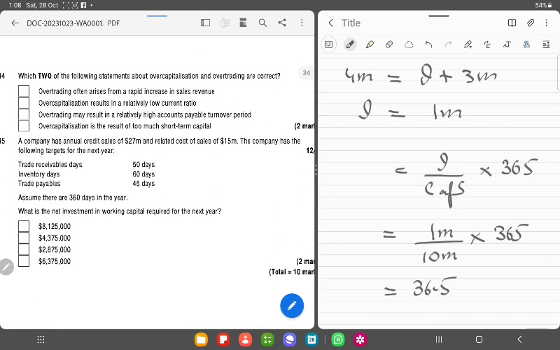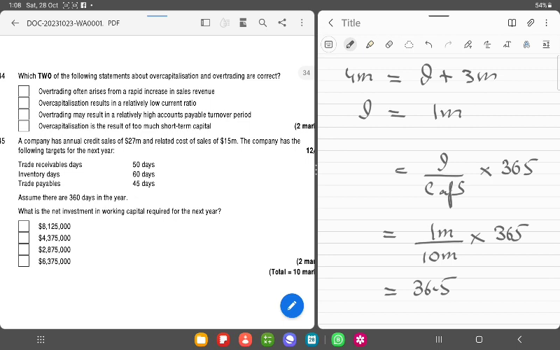Now the next question: which two of the following statements about overcapitalization and overtrading are correct? Remember that overtrading means undercapitalization. First, overtrading often arises from a rapid increase in sales.